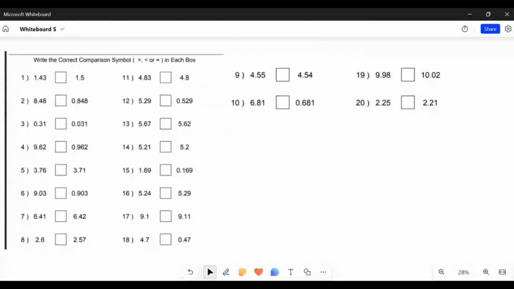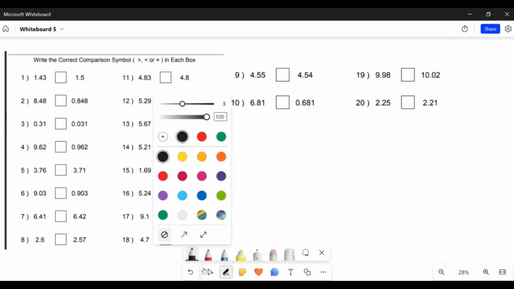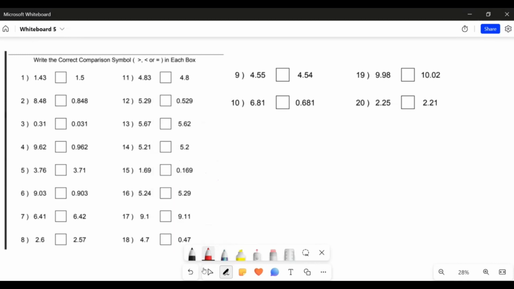All right, I'm going to start with comparing decimals because comparing decimals is a lot easier and faster than comparing fractions. So your sheet looks like this. We'll start with number 1, and they want us to fill in whether it is greater than, less than, or equal to. If you want to line up the decimal places, you can.